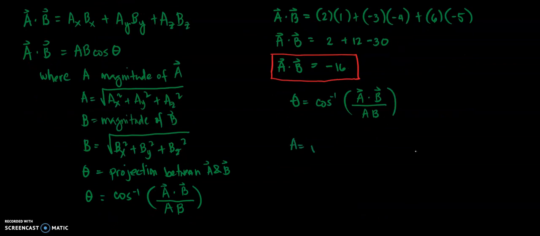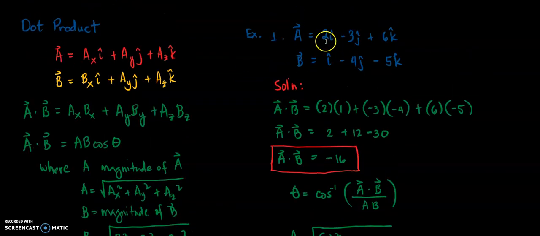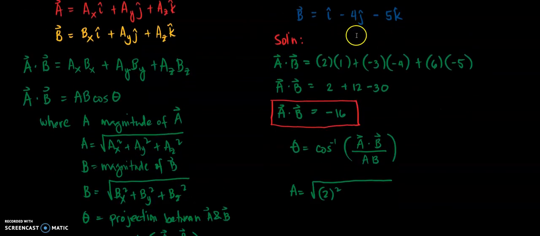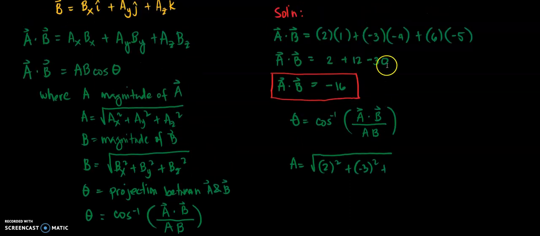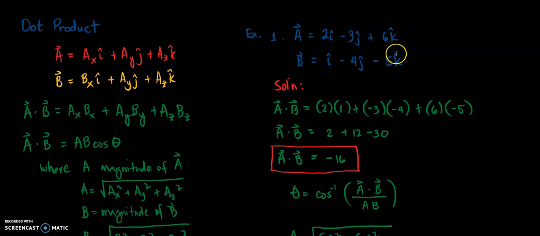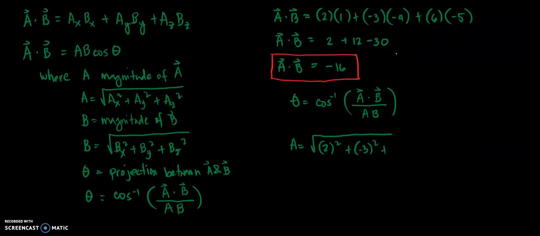which is equal to the square root of 2 squared, that is the coefficient of i, plus negative 3 squared, plus 6 squared.